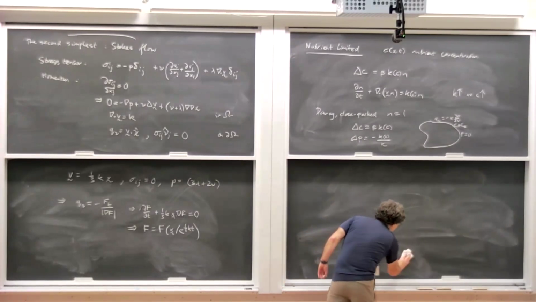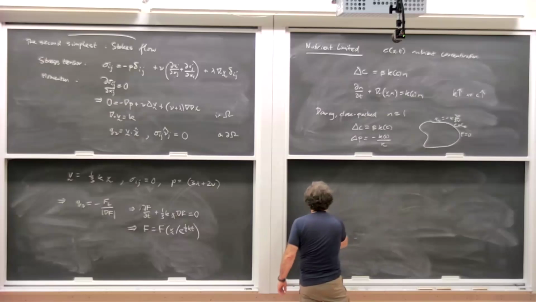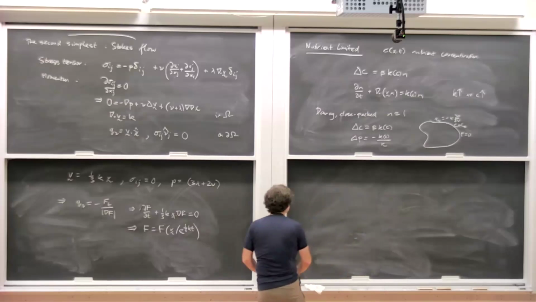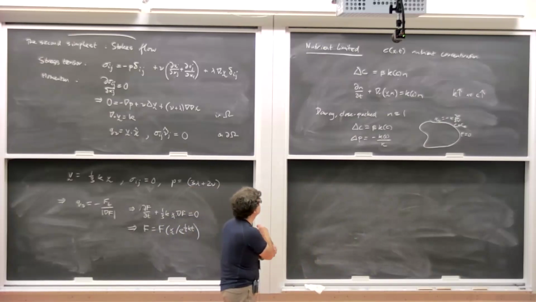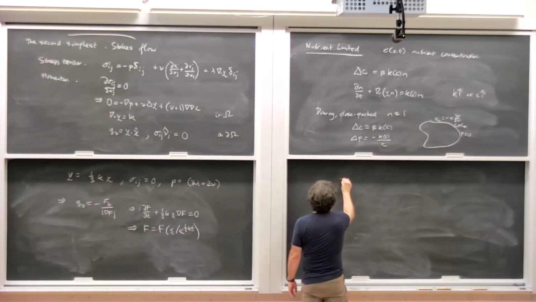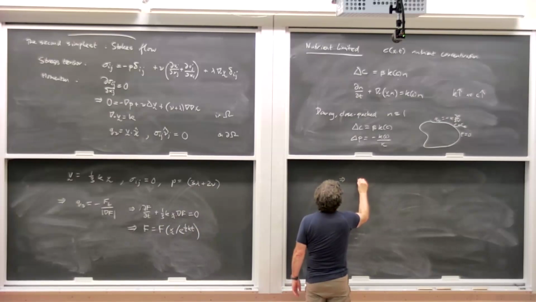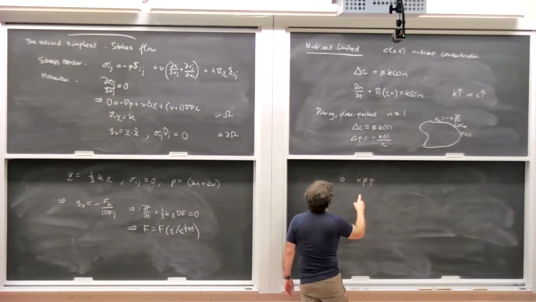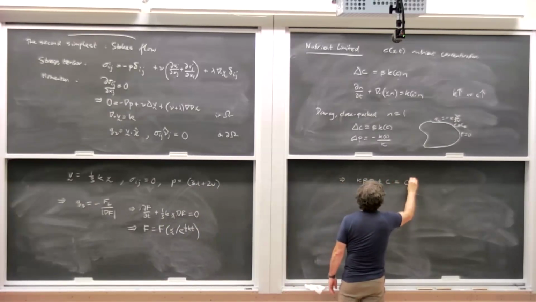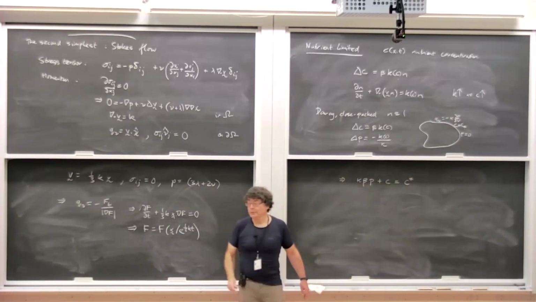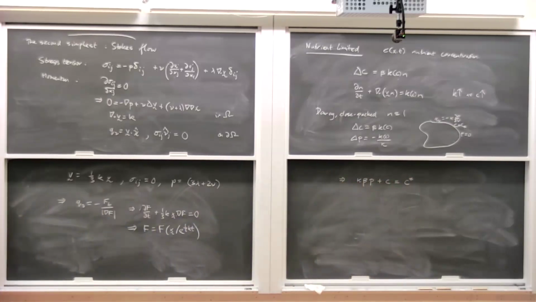I'm going to do it with K of C still general, and then I'll do the simplest case where K is a linear function of C, which is not a silly thing to do. So it's probably kappa beta times P plus C is equal to the value on the boundary. I put the beta in the right place. Standing too close to the board, I can never quite see what I'm doing.